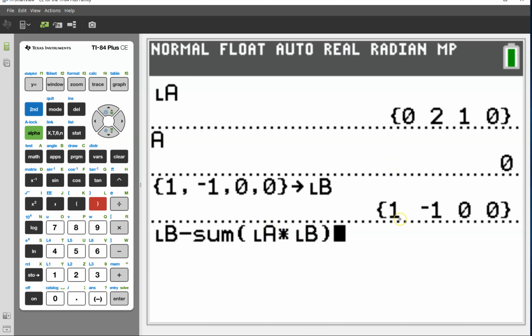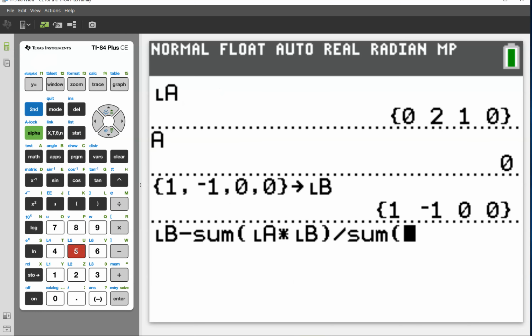So if they don't have the same length, it'll give you an error. But if I take list A times list B, it'll take those 0 times the 1, the 2 times the -1, and so on, and make a new list. The sum command adds it together. So this is exactly the inner product of those two things. So I want to do the same thing.